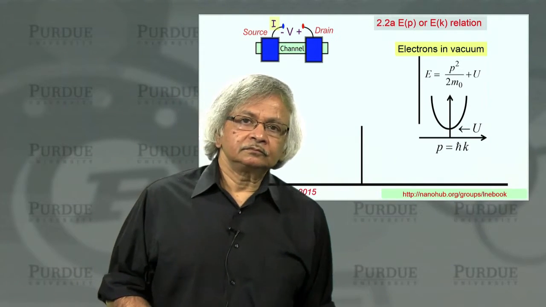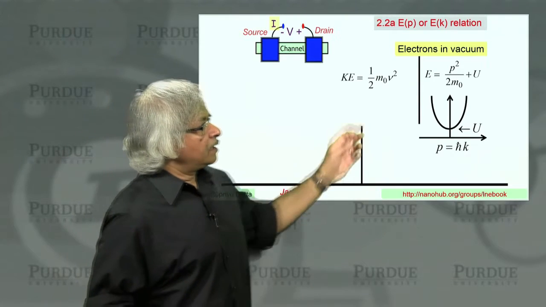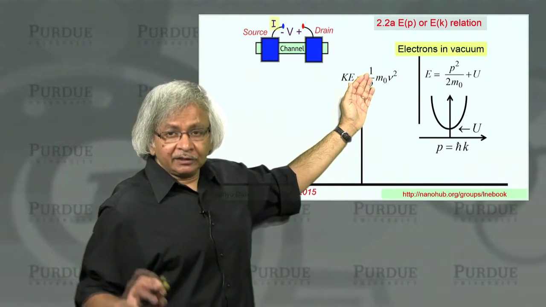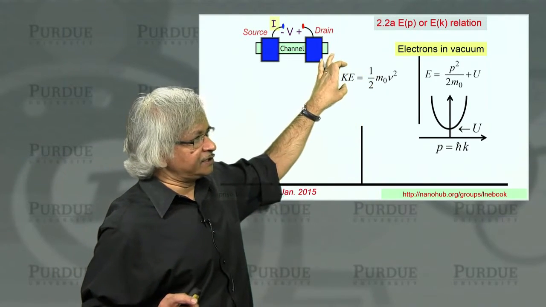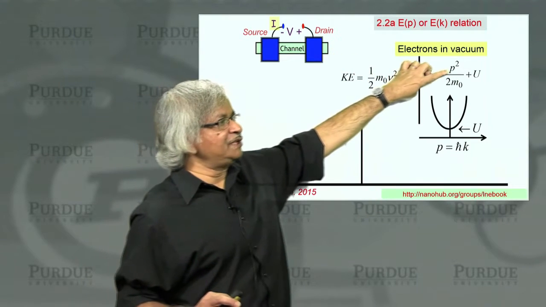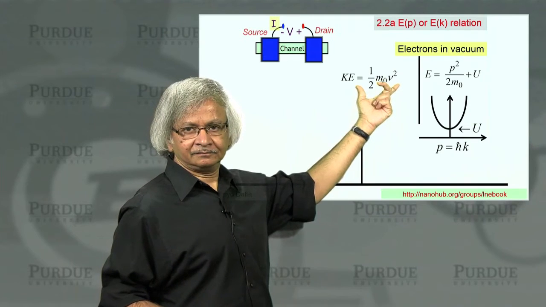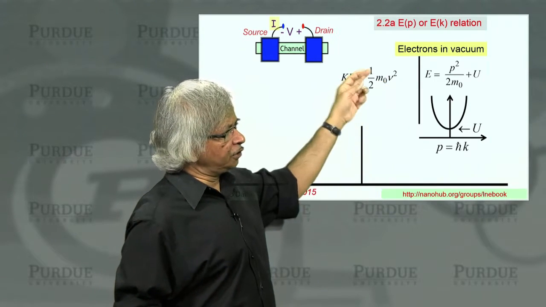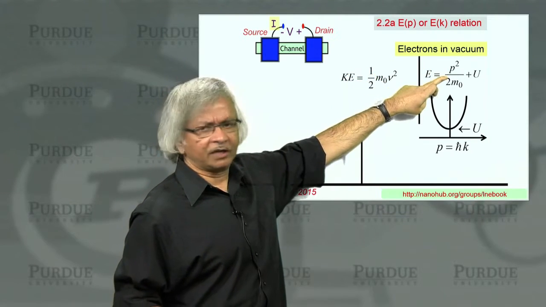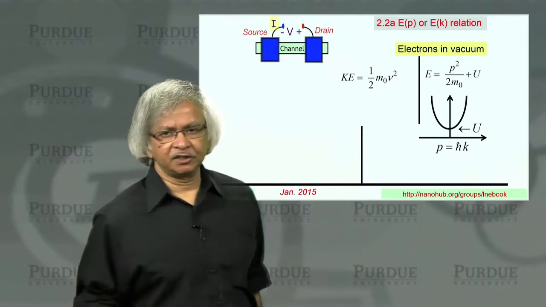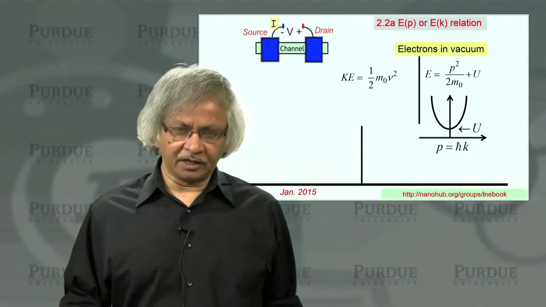Now, what you may be more familiar with for the kinetic energy is not this p squared over 2m, but rather half m v squared. And what I'd like to show you is that that actually becomes what I've written if you use the relation between momentum and velocity.